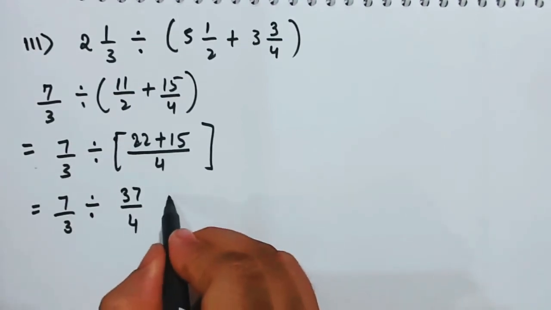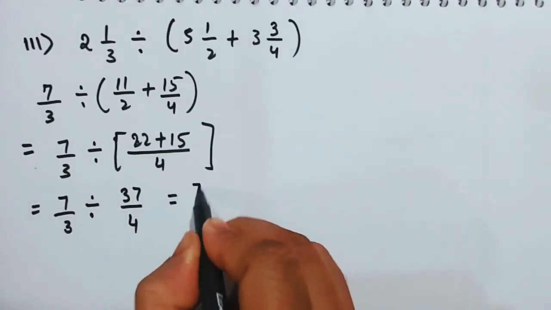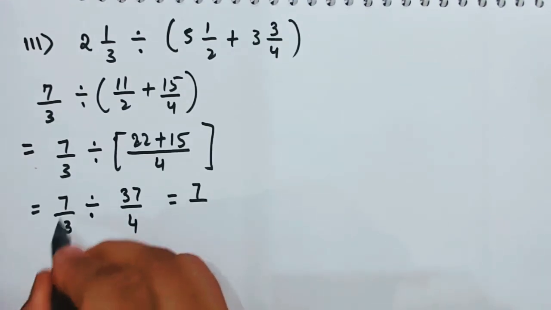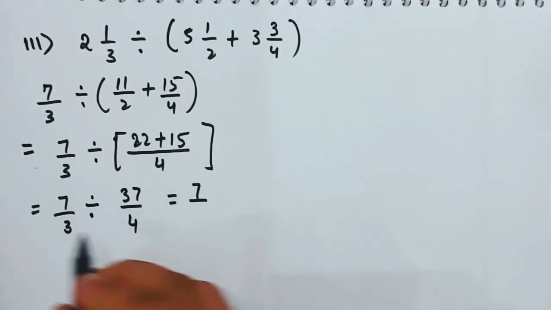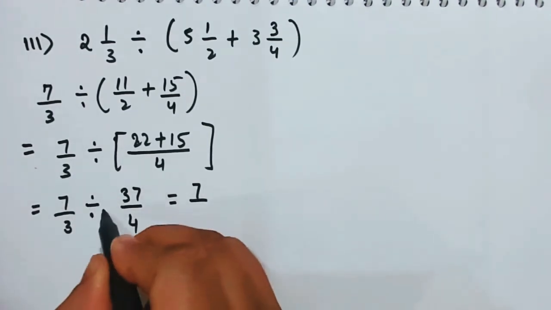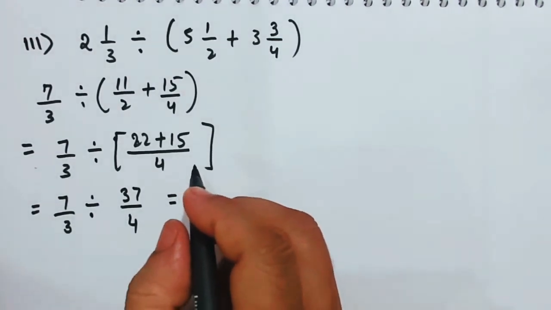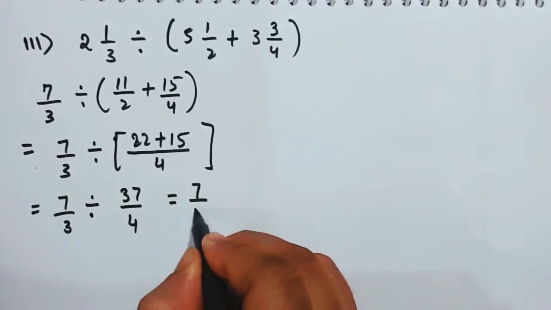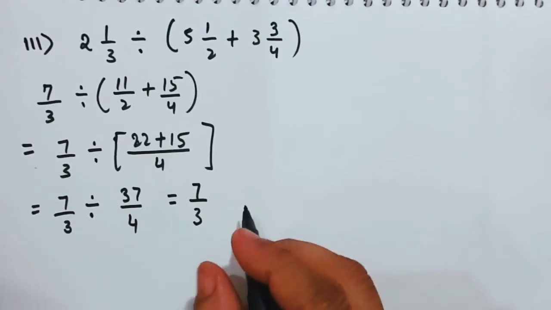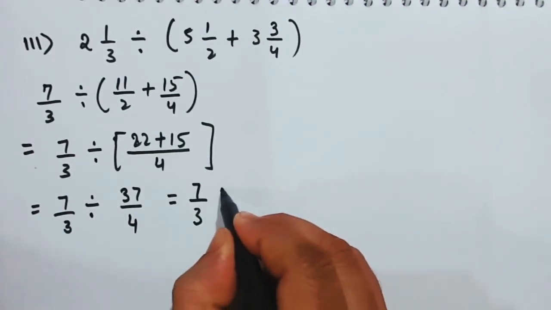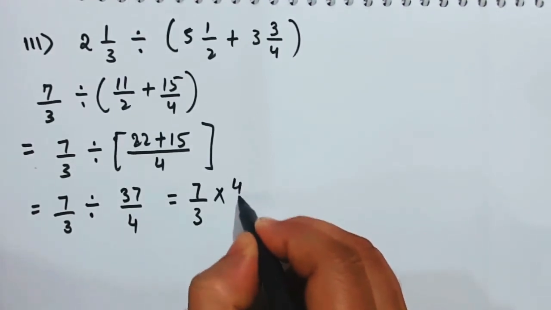Have a look. 7 by 3. As soon as I see the division form, I get irritated. Change it into multiplication form. If you really want to stay alive, 7 by 3 multiplied by 4 by 37.